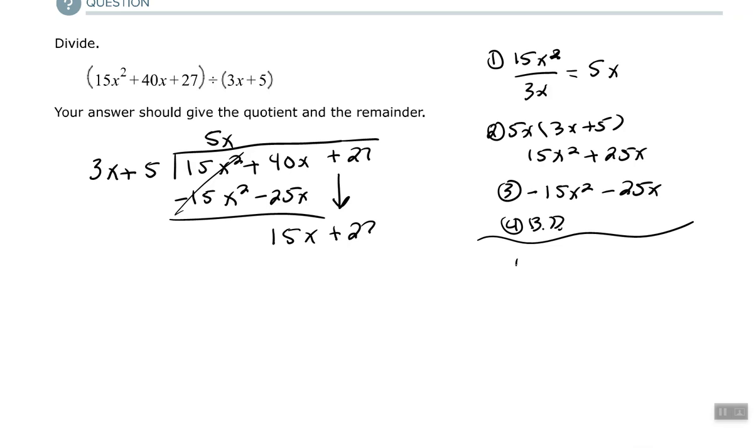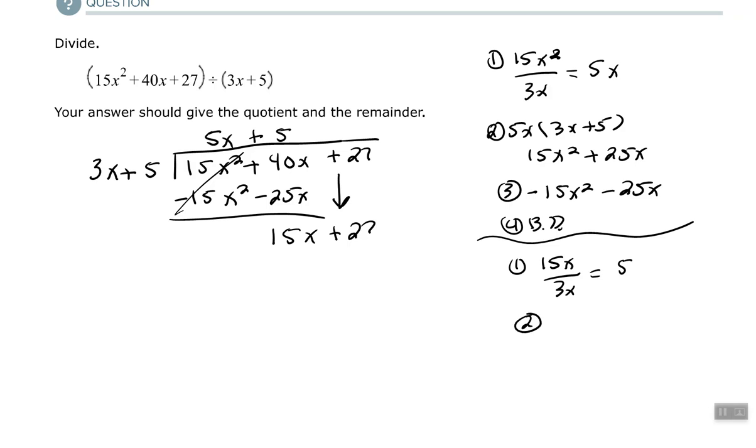So again, step 1, 15x divided by the first term on the outside, 3x, to determine what goes up top in our quotient. So that equals 5 because the x's cancel each other out. So since it's a positive 5, we're going to say plus 5.